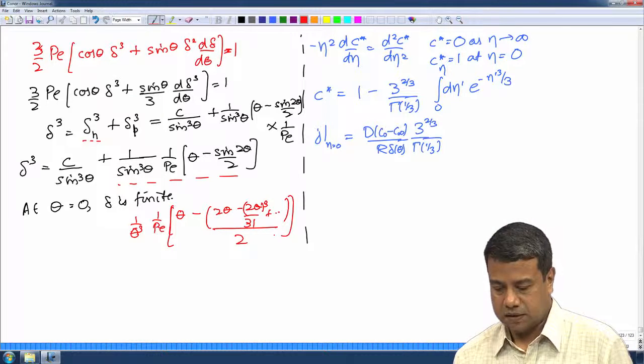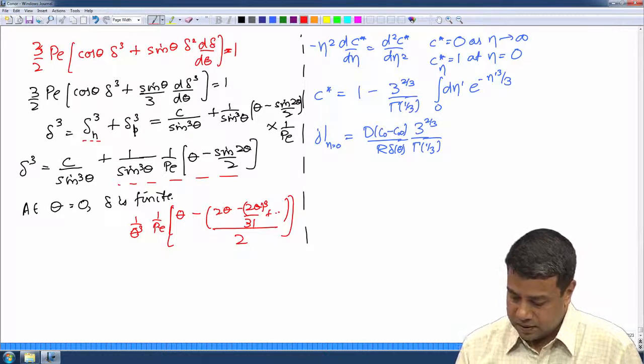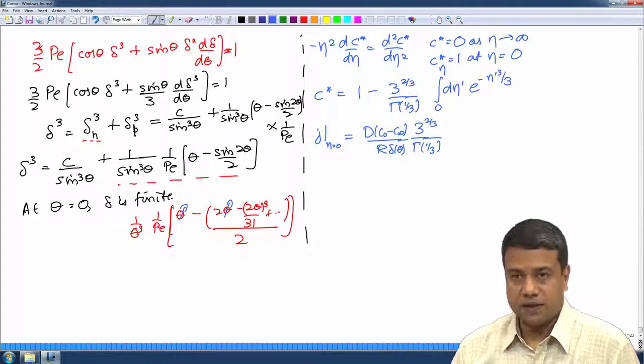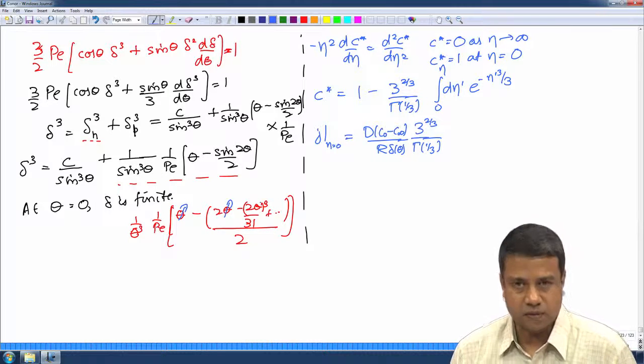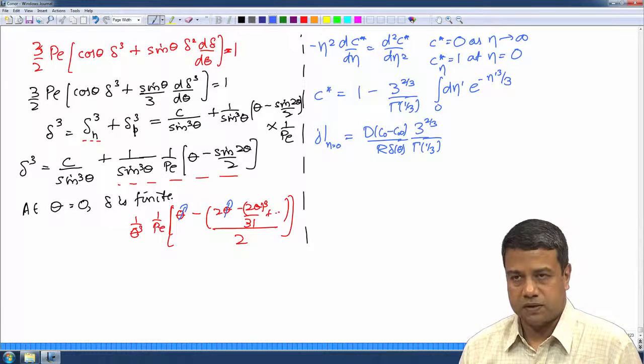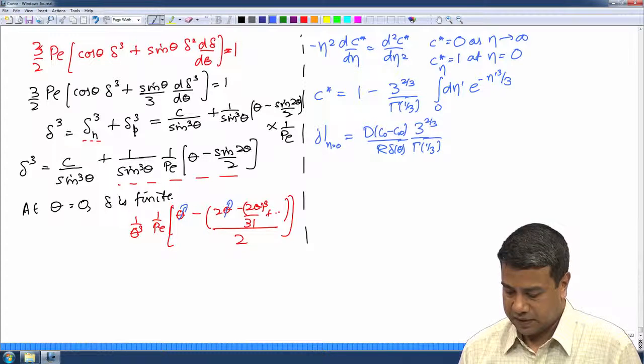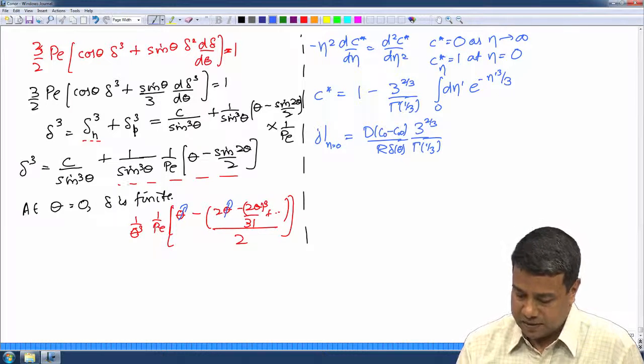So, in this second term, these two will cancel out, and the numerator as well is proportional to theta cubed, and therefore, this term is finite.